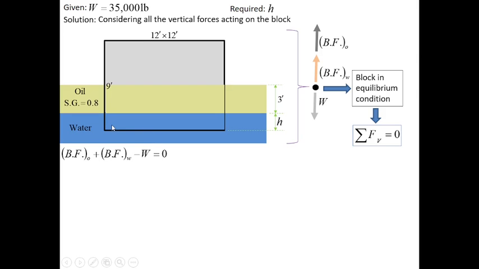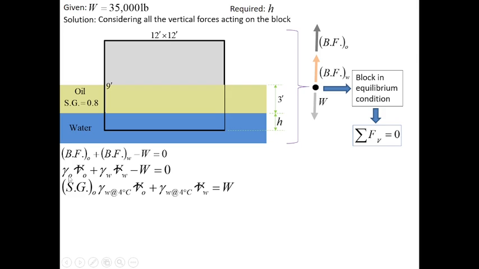Buoyant force due to oil plus buoyant force due to water minus the weight of the block equals to 0. Okay? So, the buoyant force due to oil is simply specific weight of oil times the volume displaced. Okay? The volume displaced due to oil, or should I say with regard to oil, plus unit weight of water, the volume displaced with regard to water, okay, minus the weight of the block equals to 0.